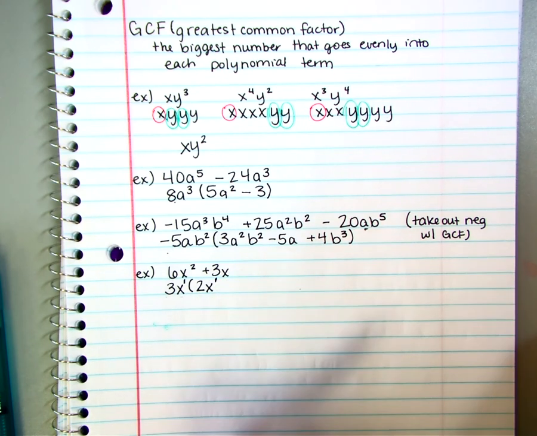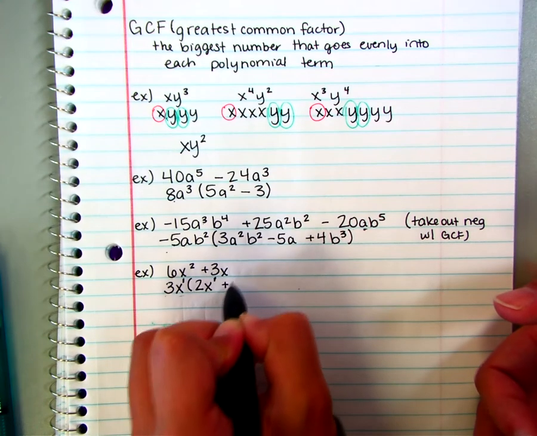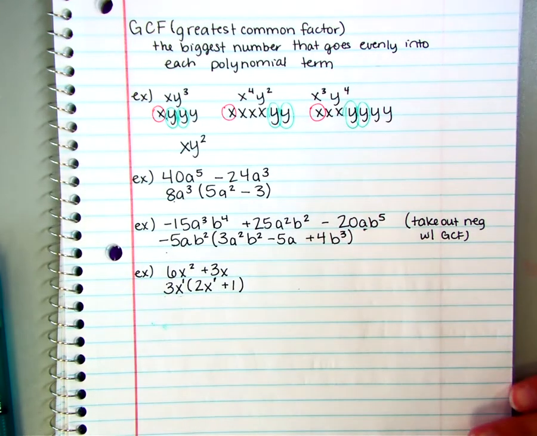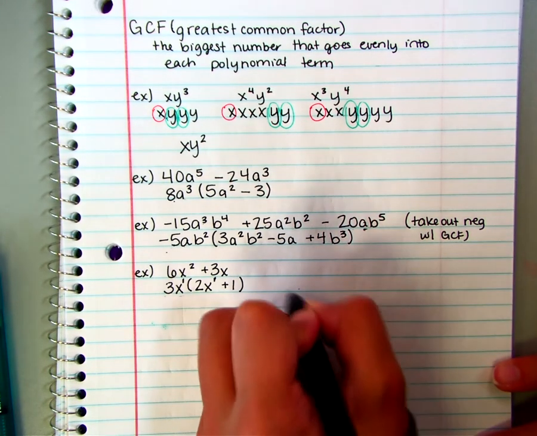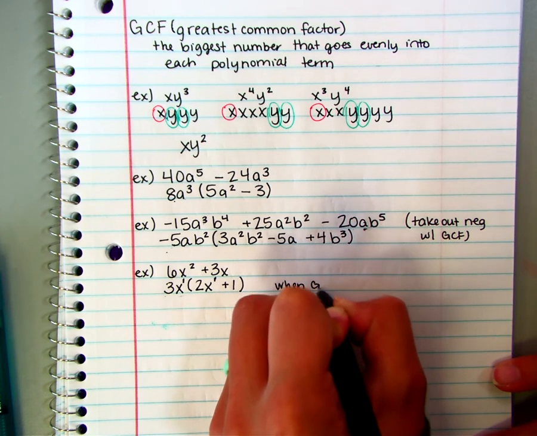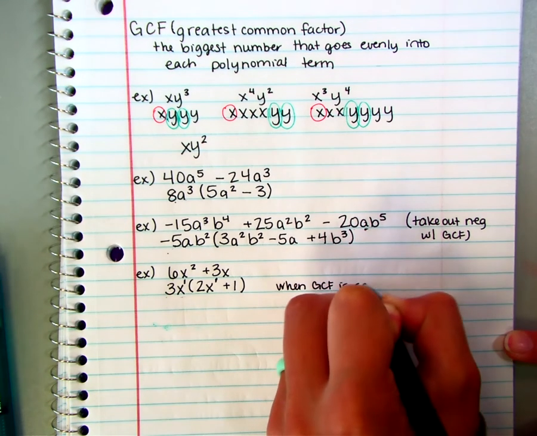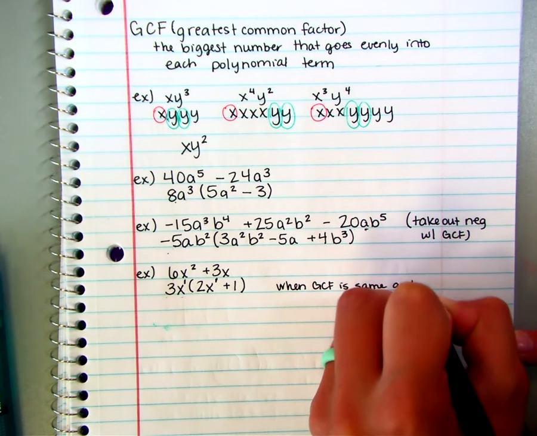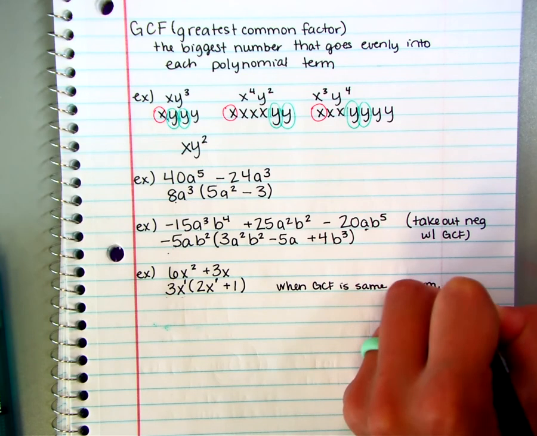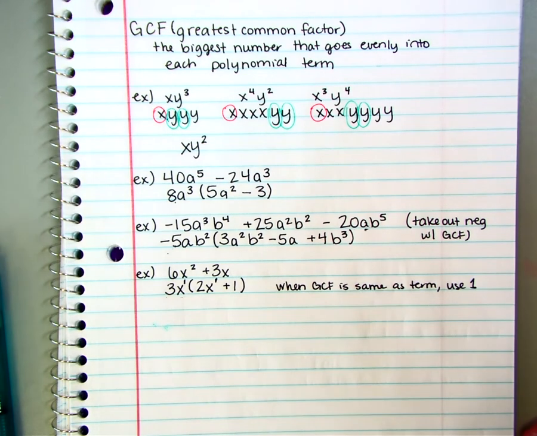So 3x times what gives me 3x? Well, anything times 1 gives you itself. So here's another note. When the GCF is the same as the term, use 1 as a placeholder.